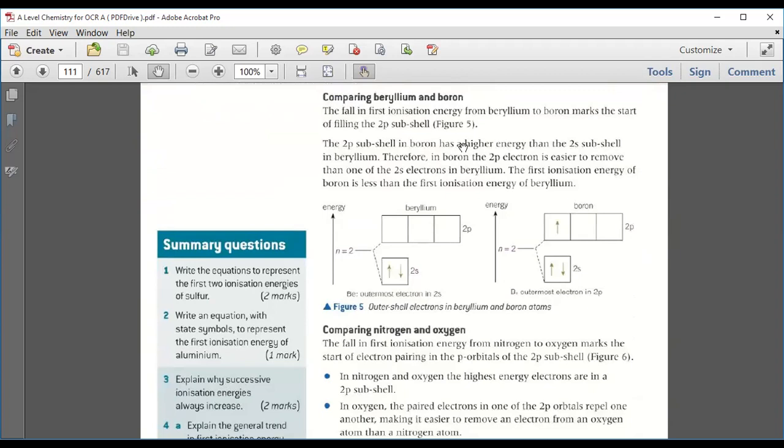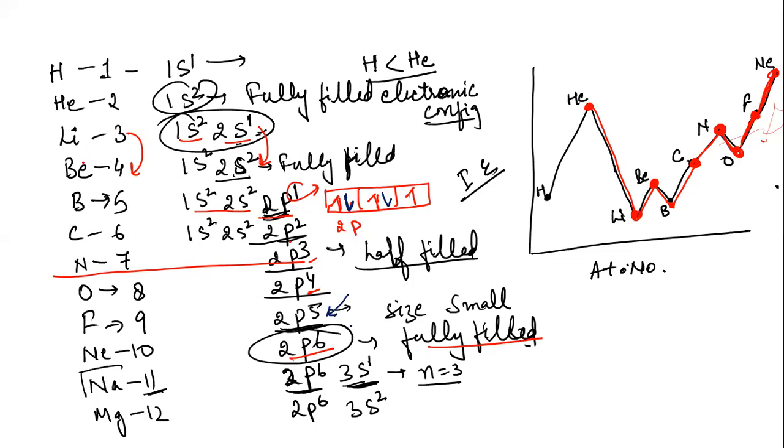Now comparing beryllium and boron. This part we have already covered. Beryllium and boron, 4 and 5, we have done it.